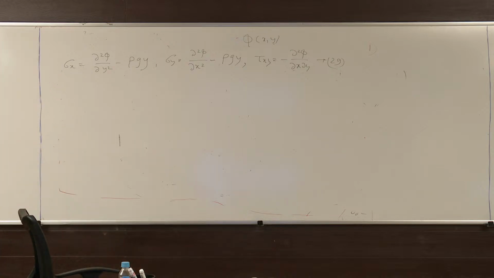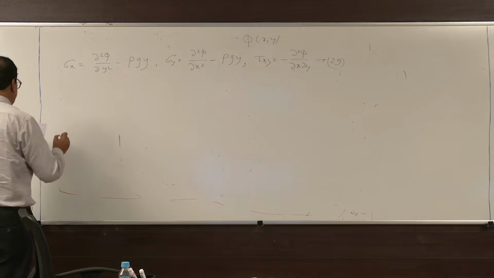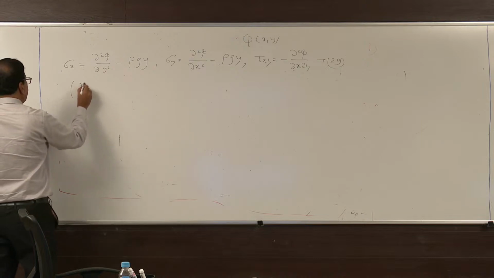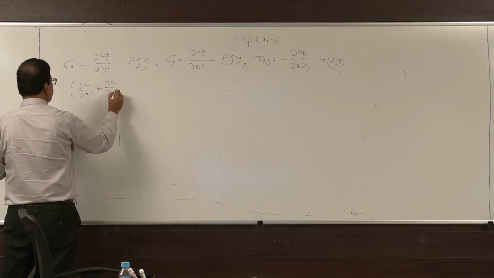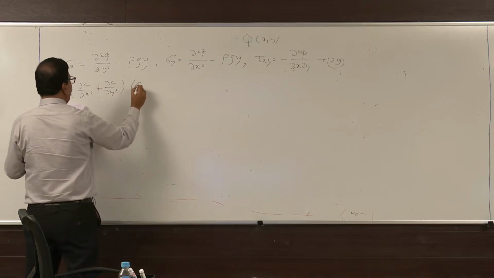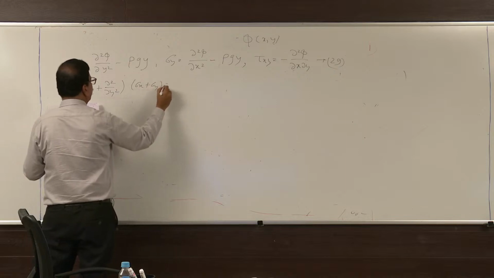Just we see equation B: del square upon del x square plus del square upon del y square, acting on sigma x plus sigma y, is equal to 0.